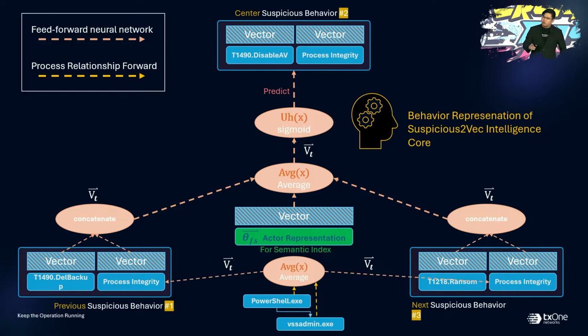The good news is we don't need to update this model at a very high frequency, because we are training on old variant malware in this model. Diving into the core of our model, in very simple words, we use actor representations to learn and train on the previous, current, and next process as a learning base.